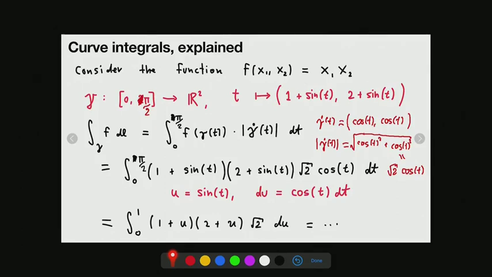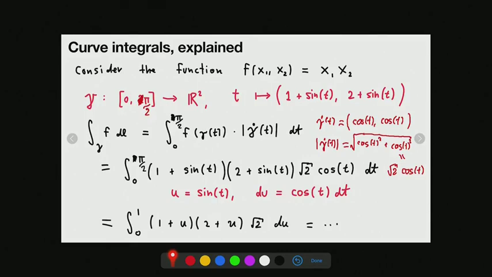Now, this looks a bit complicated, but in fact, we can reduce it to some integral we've just seen before, namely just using the law of substitution, integration by substitution. When we take a look here, we would like to put the sine function into a variable. Let's say the variable u is the sine of t.